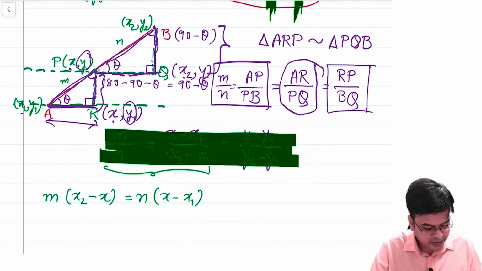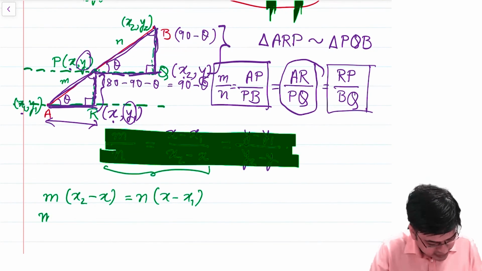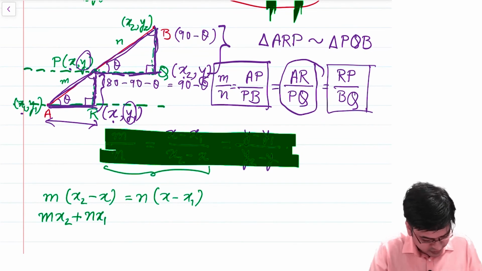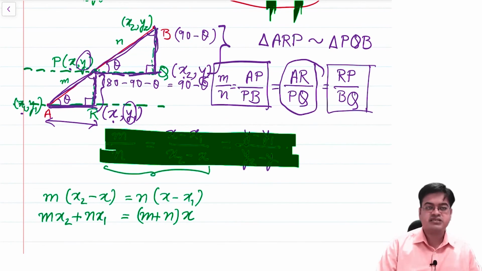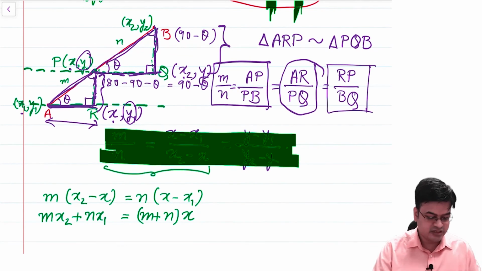Now you can actually multiply m throughout the left hand side and n throughout the right hand side, and what you will get is m times x2 plus n times x1 will be equal to m plus n times x. If you don't get this, pause the video and see whether you are getting this.